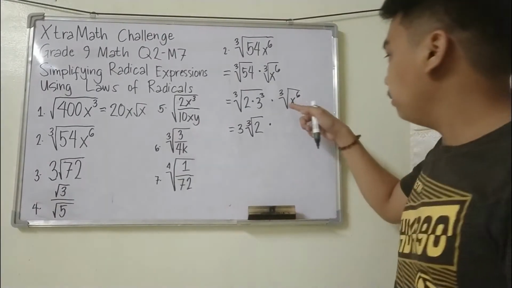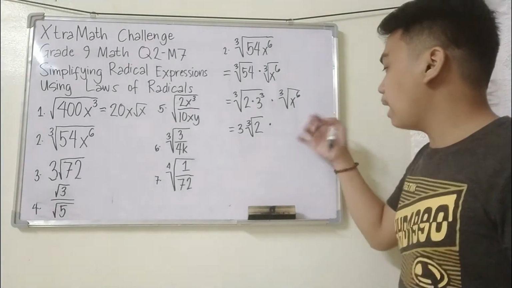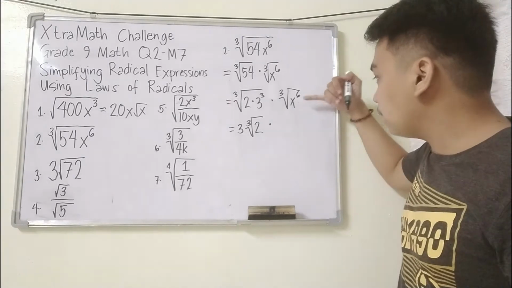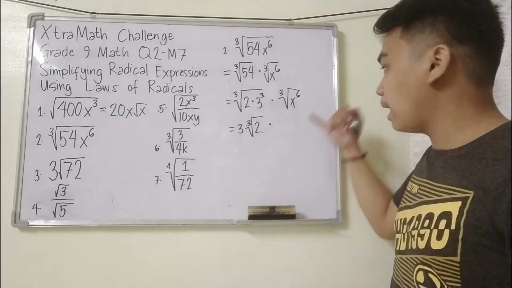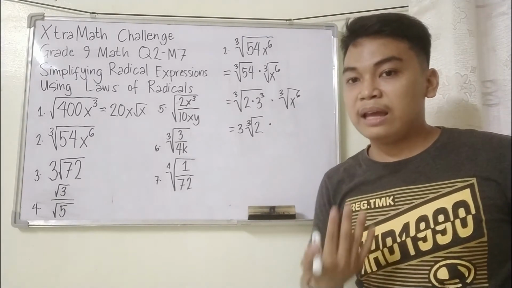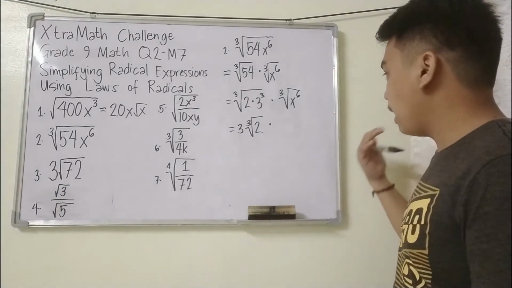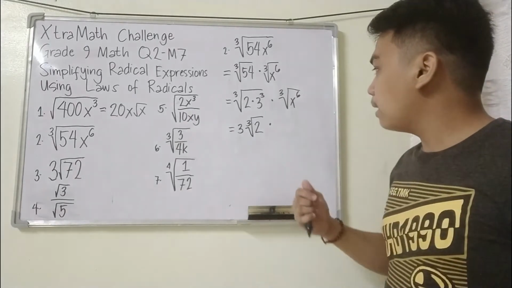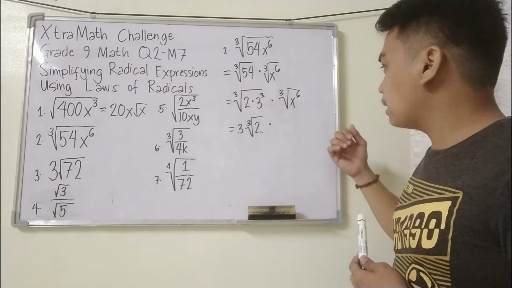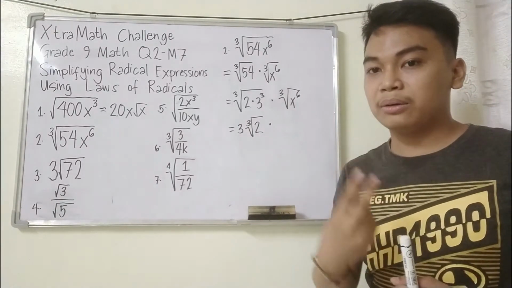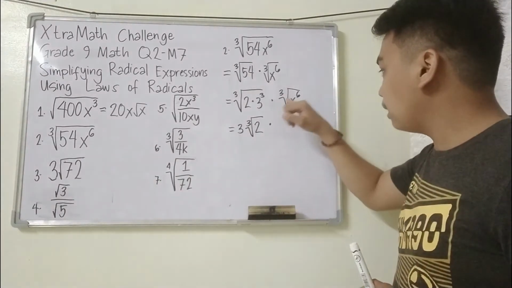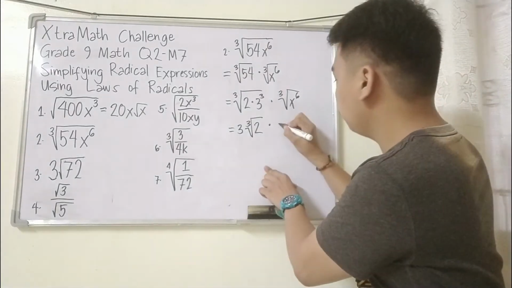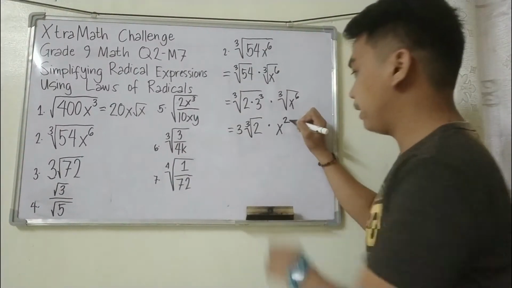And eto naman, cube root of x raised to 6. As we can see, yung exponent ng x dito is 6, and 6 can be divided by 3. So 6 divided by 3 is equal to 2. So that means that the cube root of x raised to 6 is equal to x squared.